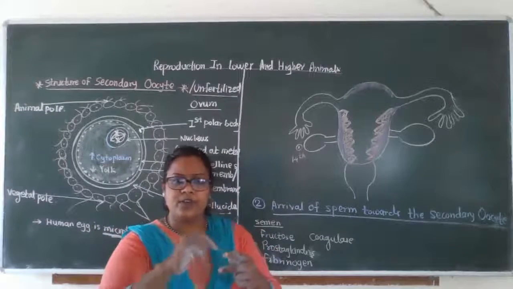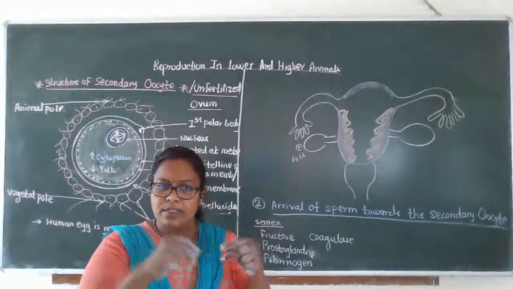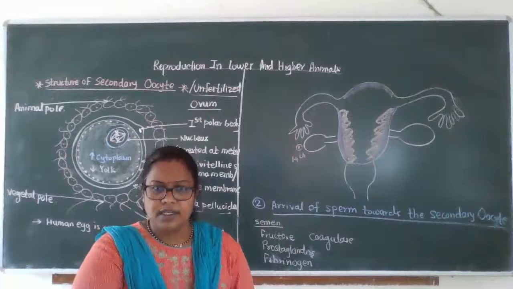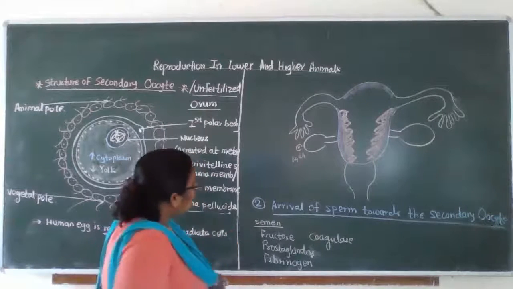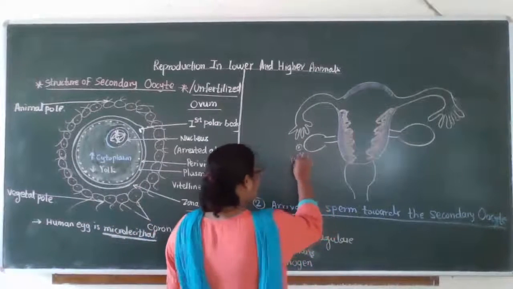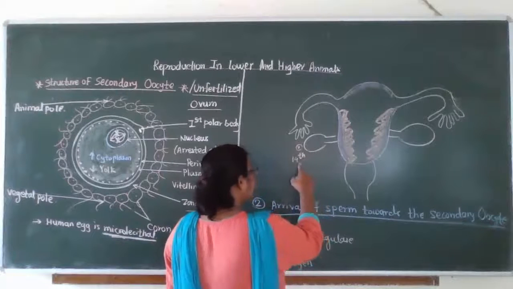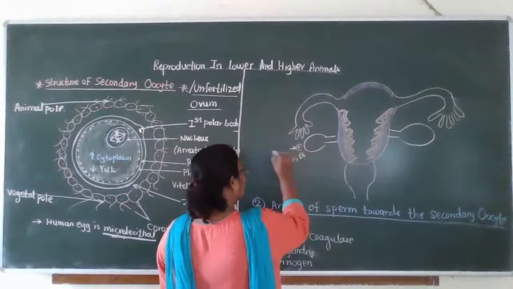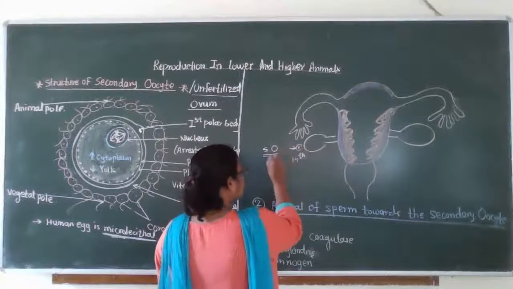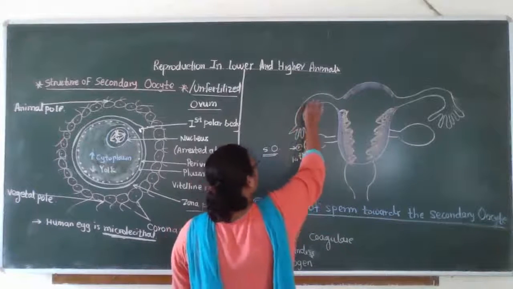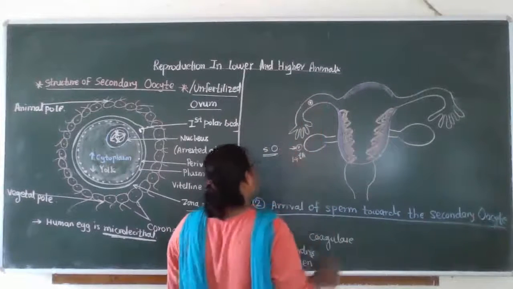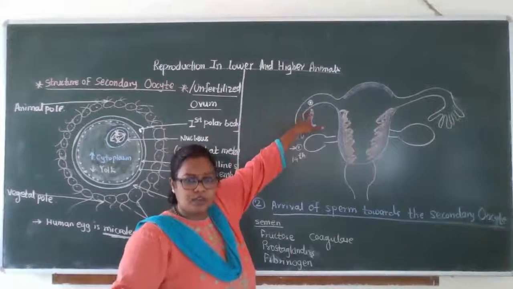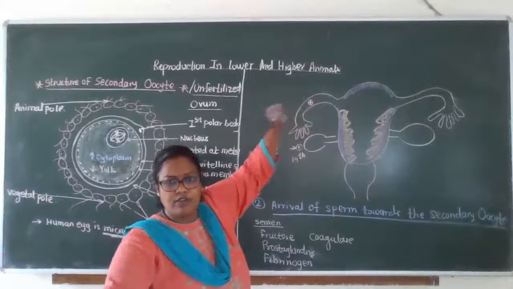If during this period the sperm reaches the secondary oocyte and fertilizes it, then only can pregnancy happen. The 14th day is the day of ovulation, the secondary oocyte is taken into the fallopian tube and waits in the ampulla for fertilization.